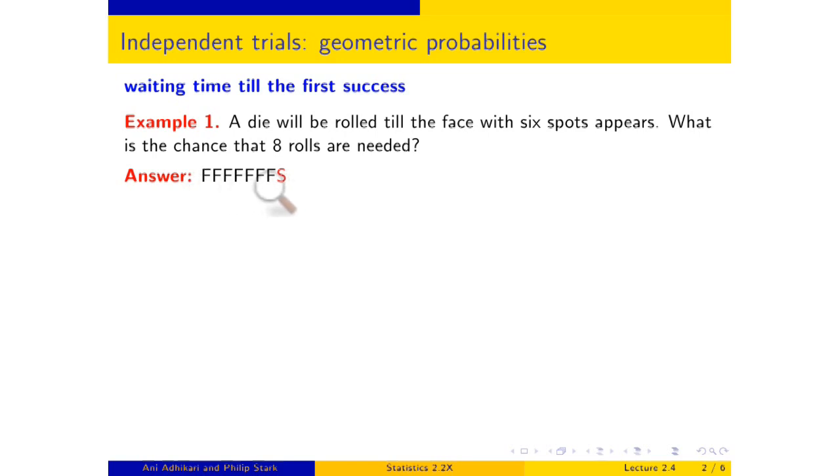That is 7 failures in a row followed by a success. That's the only way. Can you find the chance of that? Absolutely you can. Not a 6 and not a 6 and not a 6, etc., etc., and then a 6. Multiplication rule. And the chance is 7 factors of 5/6, and then that last one is a 1/6, and that's about 4.5%.